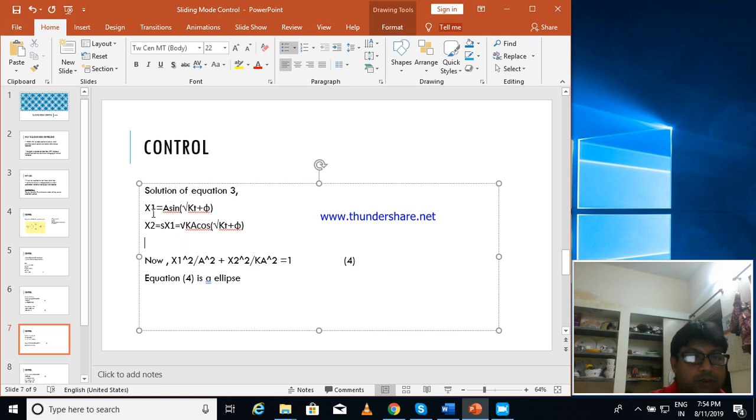So x1 by a is equal to sine theta, and x2 by root k a is equal to cos theta. Now if you square both, then it will come x1 square by a square plus x2 square by k a square is equal to 1, because sine square plus cos square theta is equal to 1, which is the equation of an ellipse.